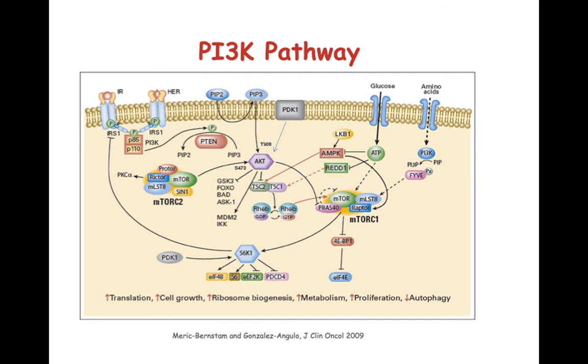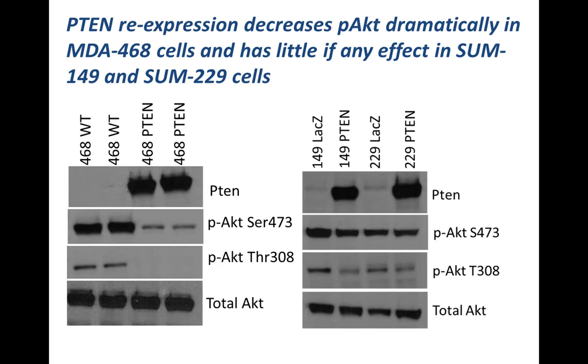In these cells, it's just beautiful. It just goes away. Unfortunately, when Erica put PTEN back in SUM149 and SUM229, nothing happened to AKT phosphorylation. The difference between this result and this result is pretty striking.